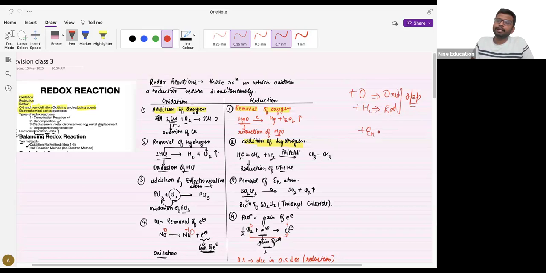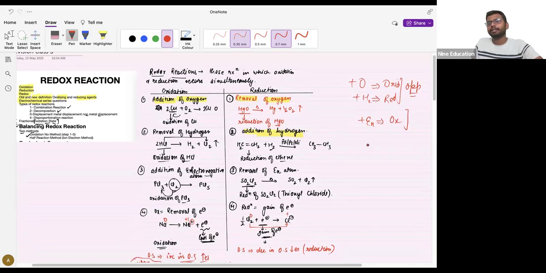Addition of electronegative element is oxidation. Opposite you know. Removal of electronegative will be reduction. See, increasing the oxidation state is oxidation, and decreasing the oxidation state is reduction, right?